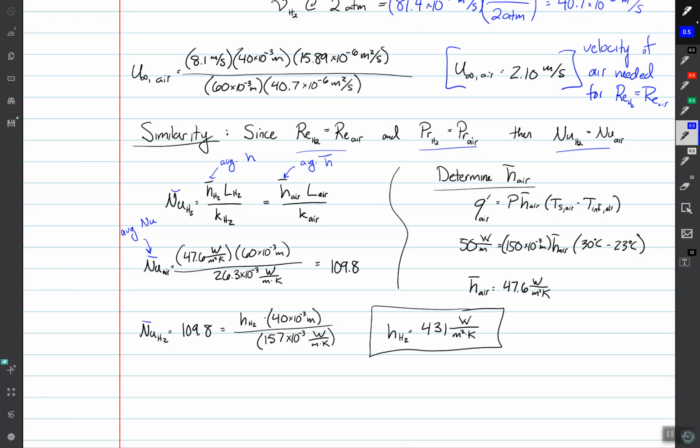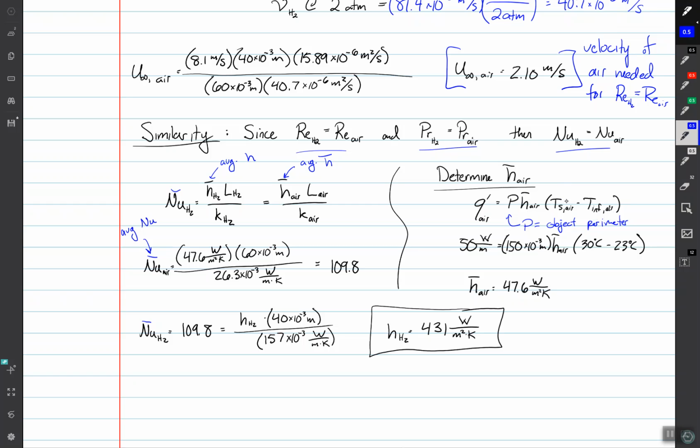We can find the average convection coefficient really easily if we have experimental data. This guy, P, is the object perimeter. So that's h bar of the air times the temperature difference.